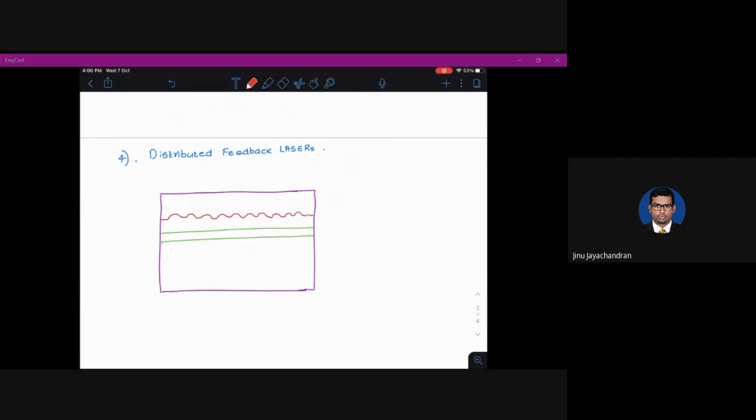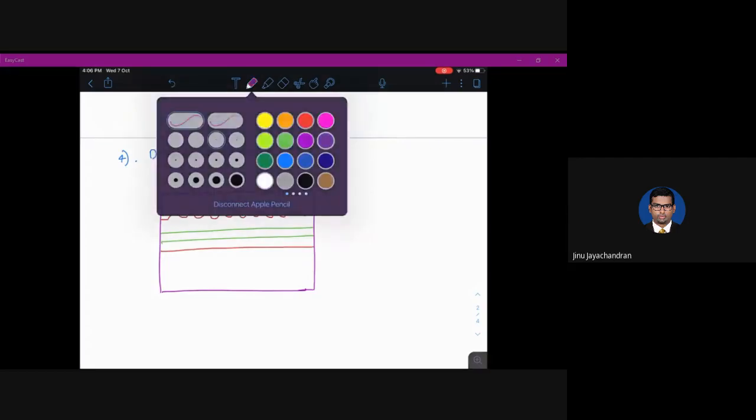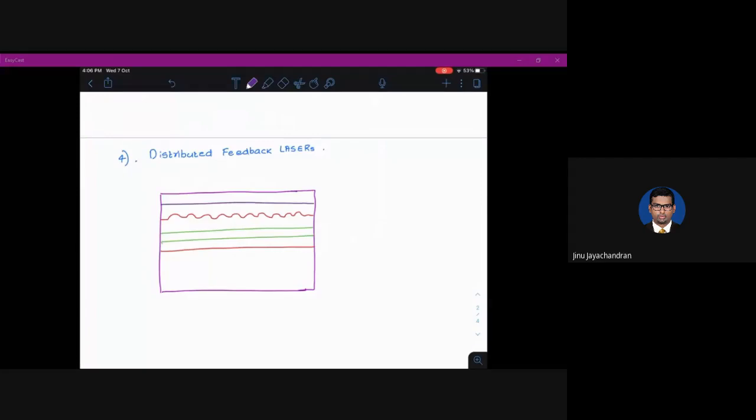Okay. So this is the cladding. And then you have the confinement layer, and then the substrate. It's not up to scale. So the middle layer is your active region.